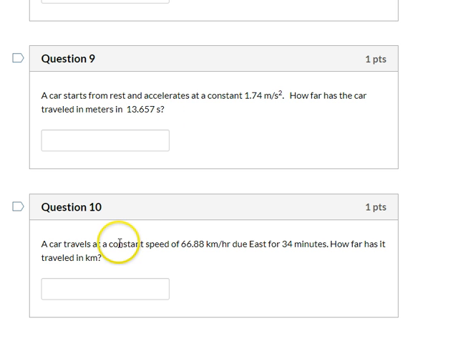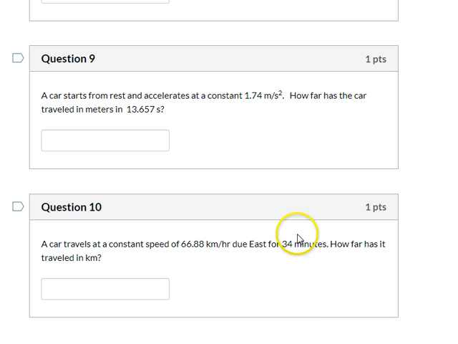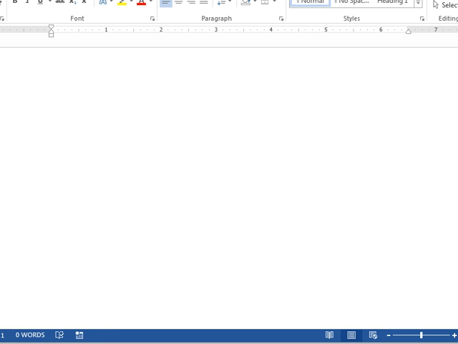Finally, problem 10. A car travels at constant speed of 66.88 kilometers per hour due east for 34 minutes. How far has it traveled in kilometers? The only thing here that you have to do is you have to either convert hours to minutes or minutes to hours. And it doesn't really matter which way you think about it, either works.